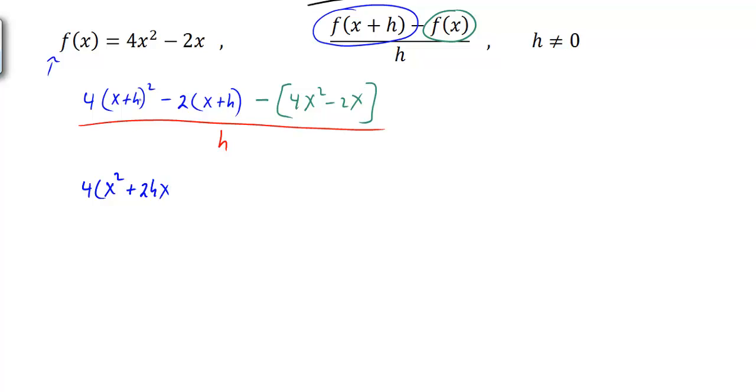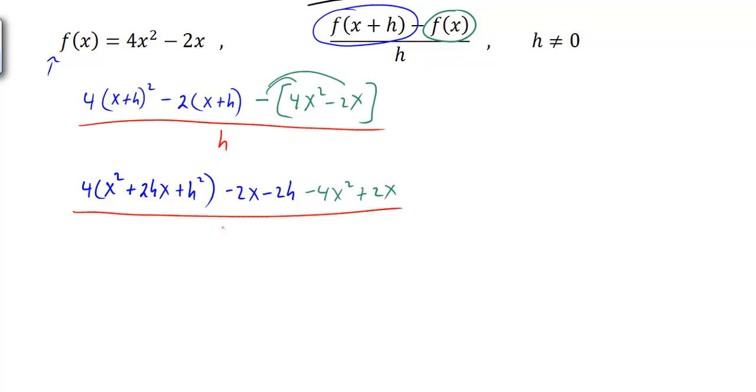And then we square the last term, so that's plus h squared. And then we can distribute the negative 2, so we get a negative 2x minus 2h. And then we're going to distribute the negative over here with the parentheses, so that's going to be a negative 4x squared plus 2x. And this is all over h.